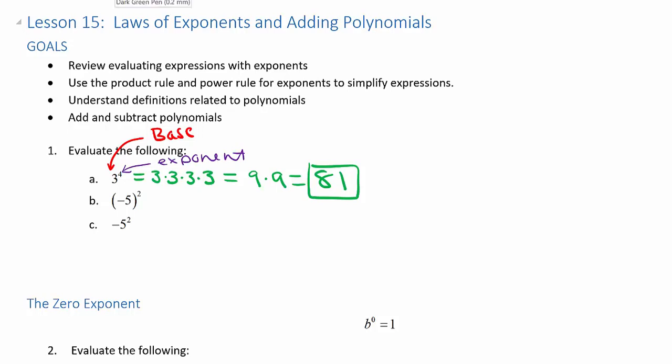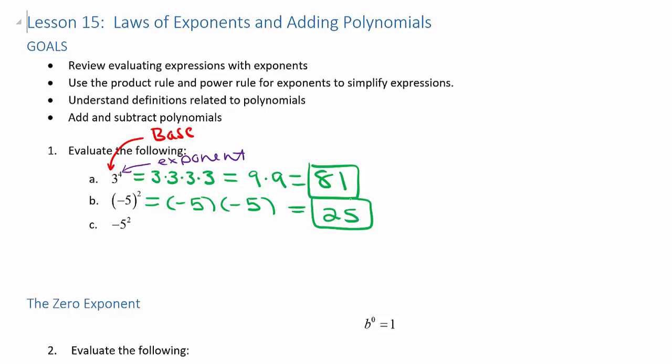We always assume that exponents apply to the thing just to the left of them, unless there's parentheses to include more in the base. For example, in part B, when you have the parentheses, that actually means -5 is the base. So in this problem, we're taking -5 times -5, and that would give me a positive 25.